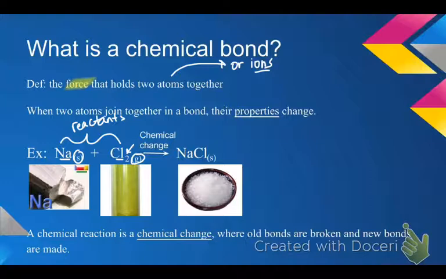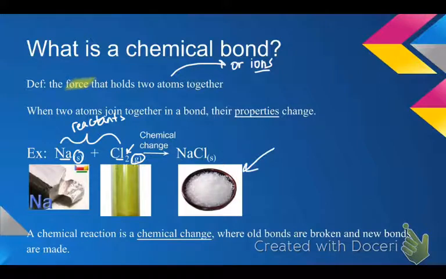And sodium is so reactive that actually when it hits water, it makes hydrogen gas, which is explosive. So a lot of times when it hits water, it actually catches fire. Chlorine, as you can see, this yellow gas is extremely toxic, fatal. And by putting those two together, and this should illustrate how vastly the properties can change in a chemical reaction, it is sodium chloride, which you eat every day.